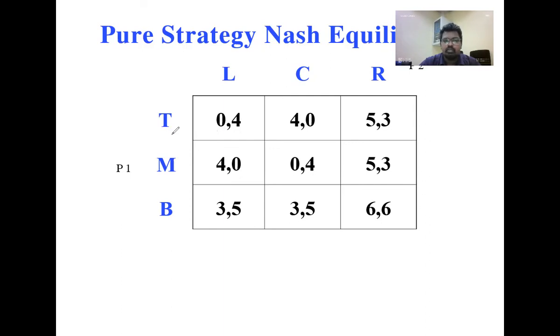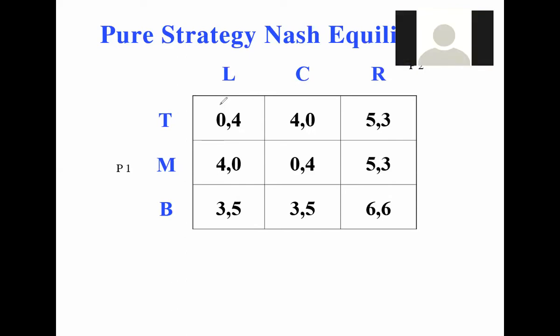If player 2 plays L, what's the best for player 1? Player 1 also has 3 options: T, M, or B. It's top, middle, bottom, and for player 2 it's left, center, and right. For player 1, what's the best?